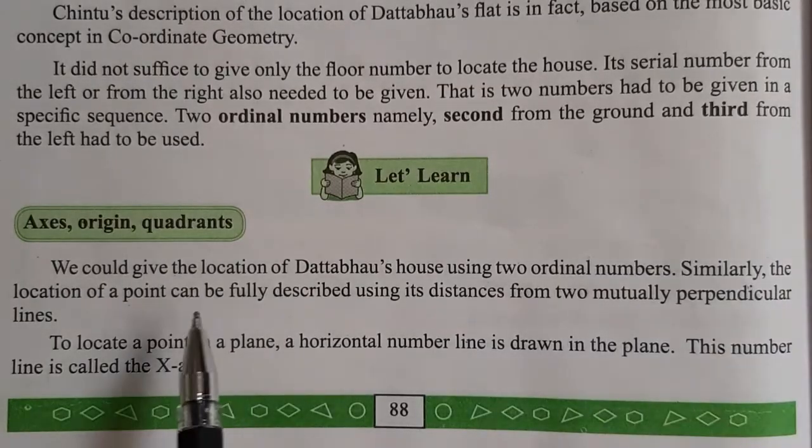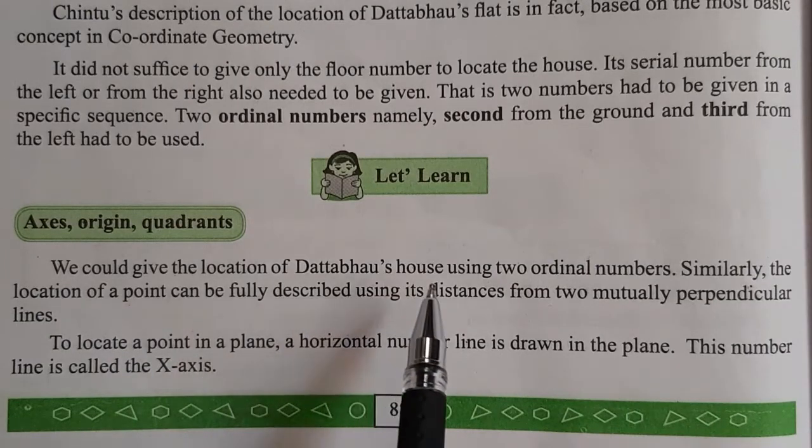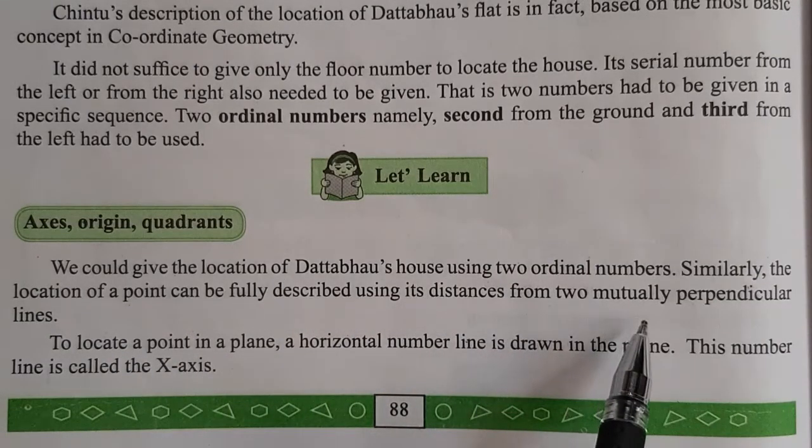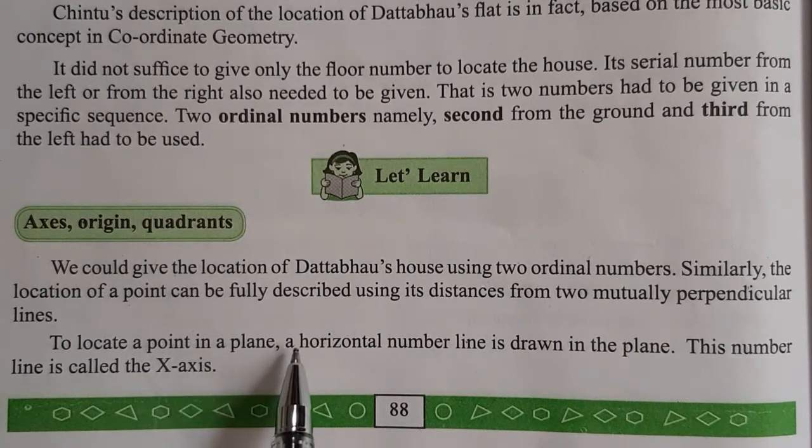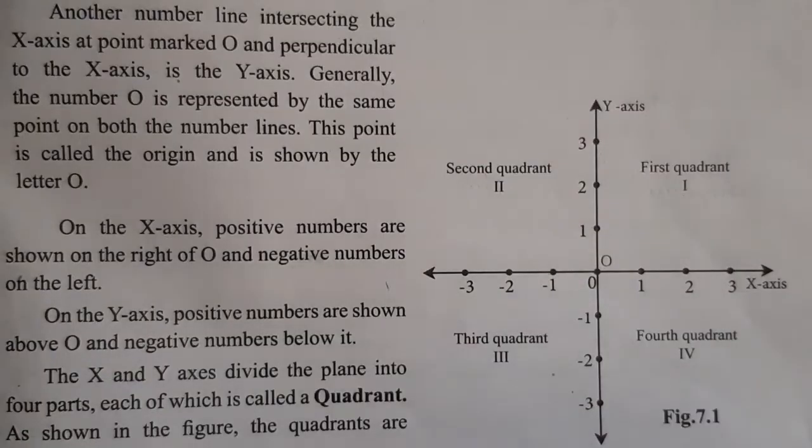The location of a point can be fully described using its distance from two mutually perpendicular lines. To locate a point in a plane, a horizontal number line is drawn in the plane. This number line is called the x-axis. Look at the diagram here.